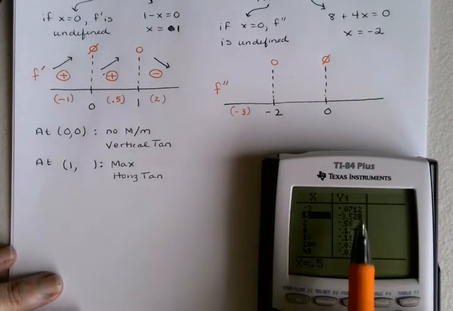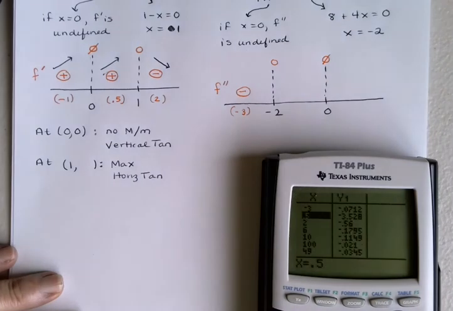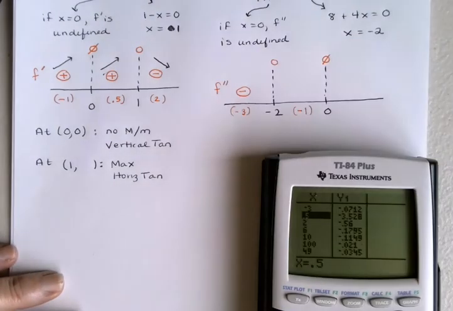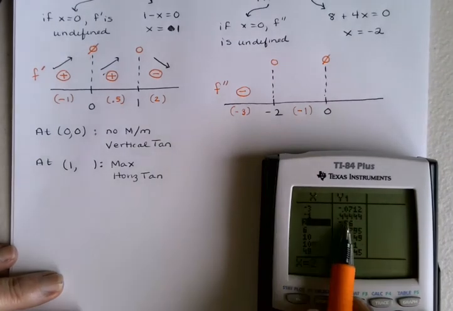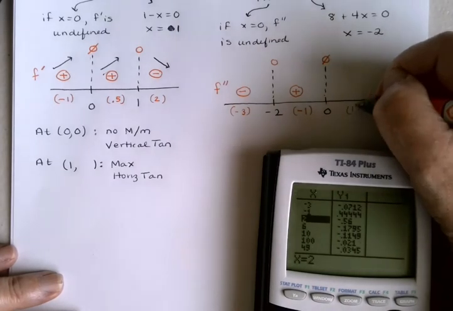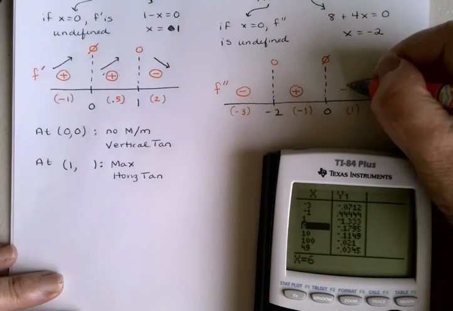Looks like my second derivative is negative. And let's try negative 1 in this middle interval. Positive. And then I'm going to go with positive 1 out here at the end. Negative.